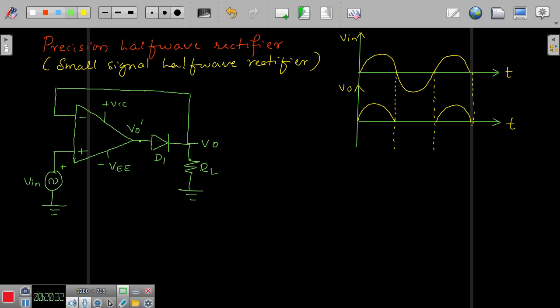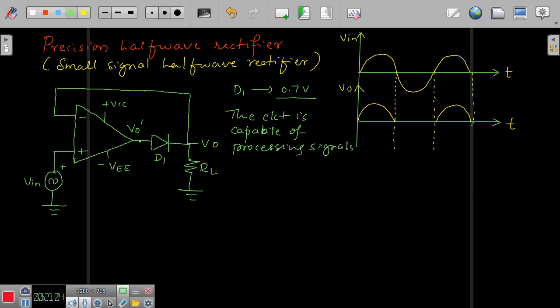So now please note that this diode is again a conventional diode only here, right? So this diode D1 has got the threshold voltage of 0.7 volts only, that will not change, right? But still this circuit is capable of processing signals even of microvolts level.